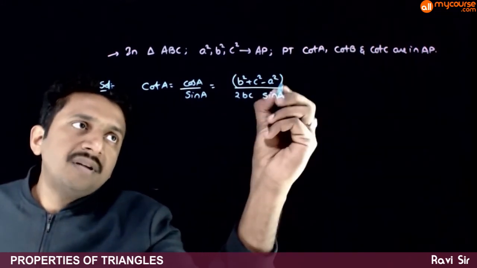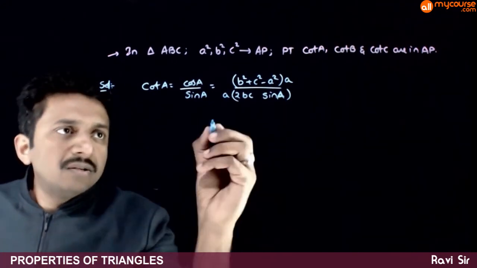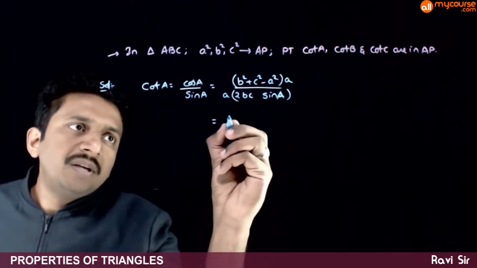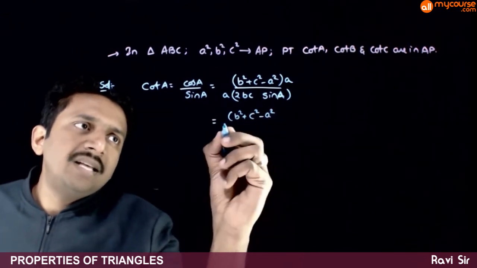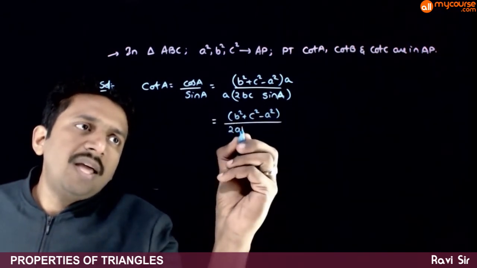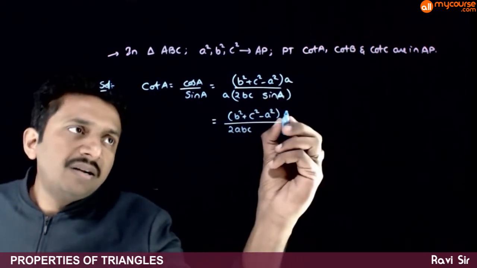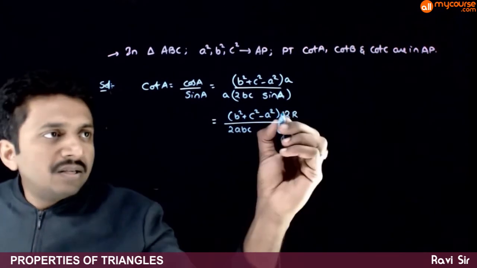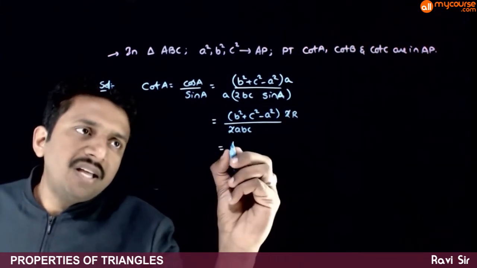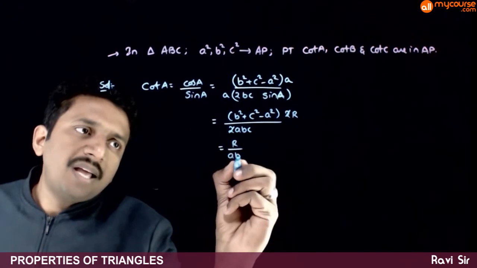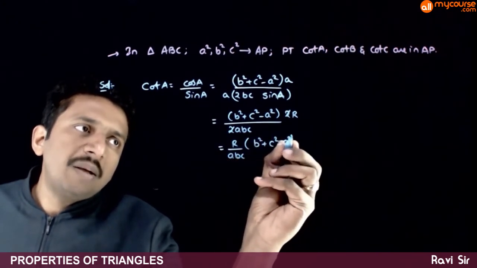So if I have an a in the numerator and an a in the denominator, this becomes b square plus c square minus a square by 2abc times a by sine A, which is nothing but 2R. So this 2 and this 2 get cancelled. So cot A is effectively capital R by abc times (b square plus c square minus a square).